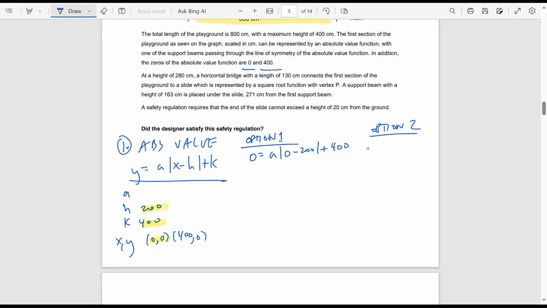You just say your final step. A is equal to y2 minus y1 over x2 minus x1. And so then I would just choose 400 minus 0, and then the other one was 200 minus 0. And I'm going to use the origin point because I'm lazy. So then my A value is equal to positive 2.